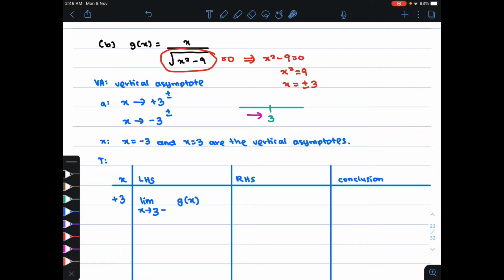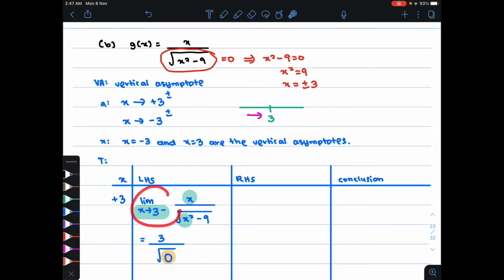So we know that g(x) is this function. If we substitute x equal to 3 into g(x), you will get 3 over the square root of 3 squared minus 9, and you know that this is 0. Since only the denominator is 0, you need to find whether this is 0 plus or 0 minus.